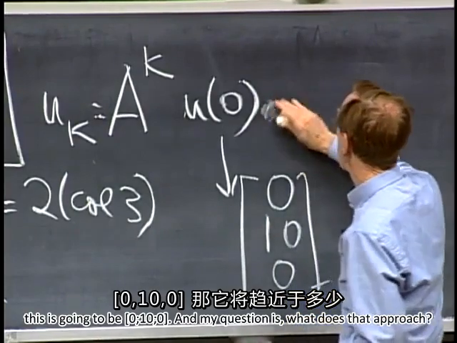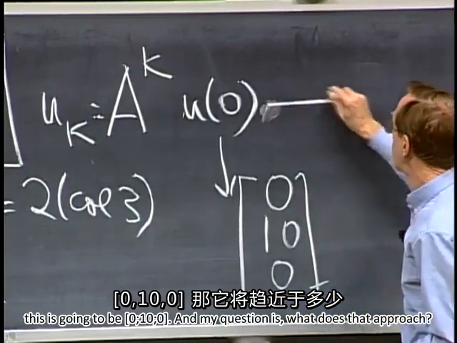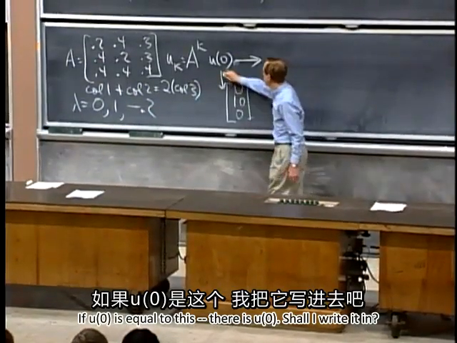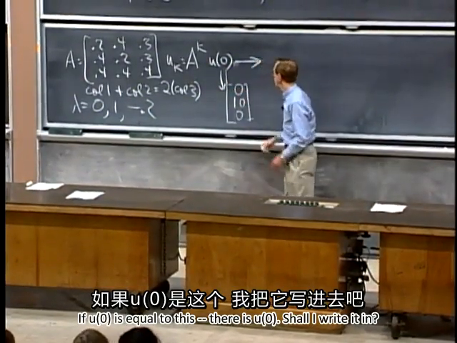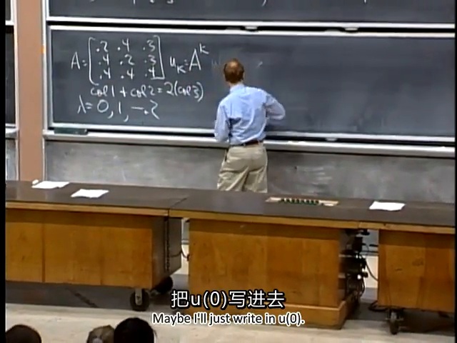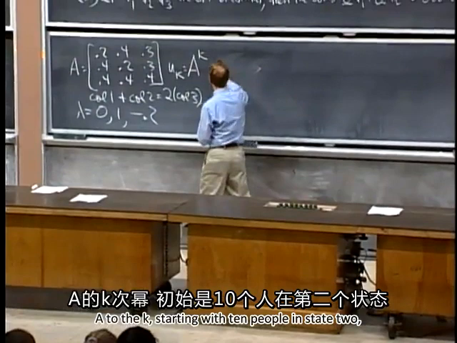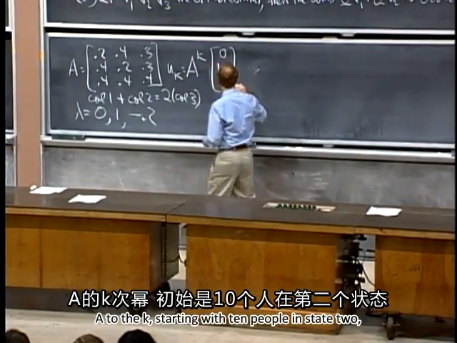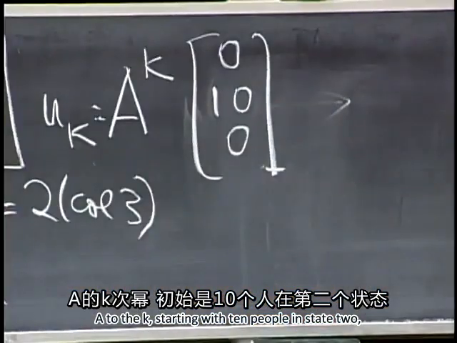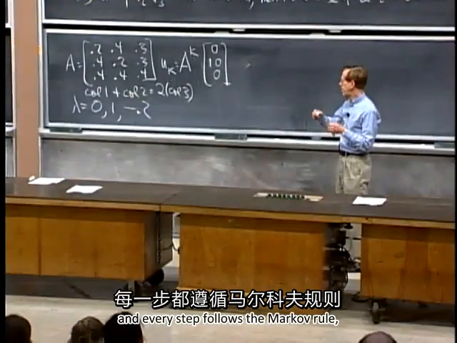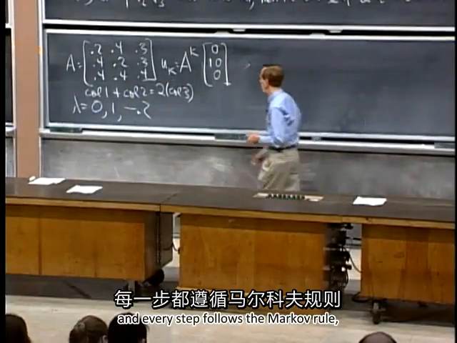And my question is, what does that approach? A to the k, starting with 10 people in state 2, and every step follows the Markov rule.